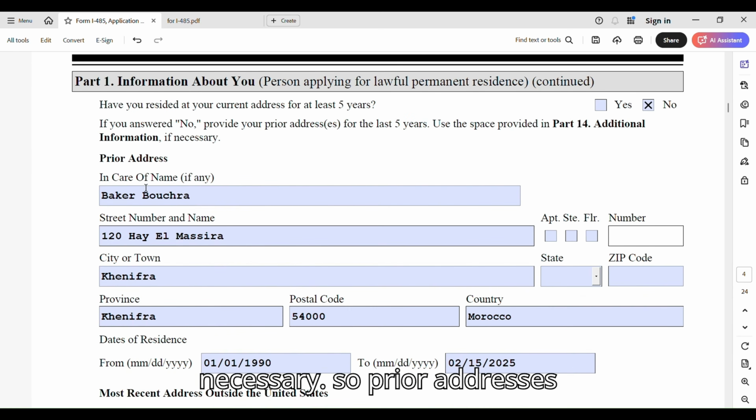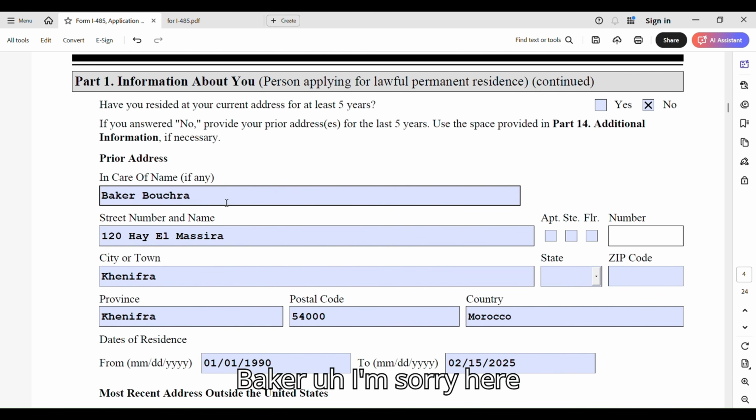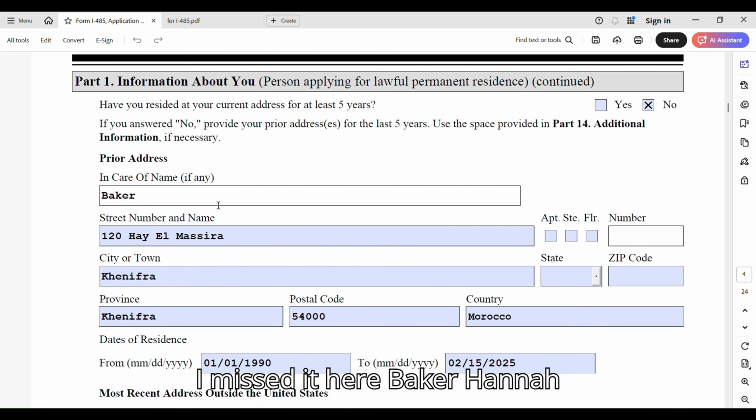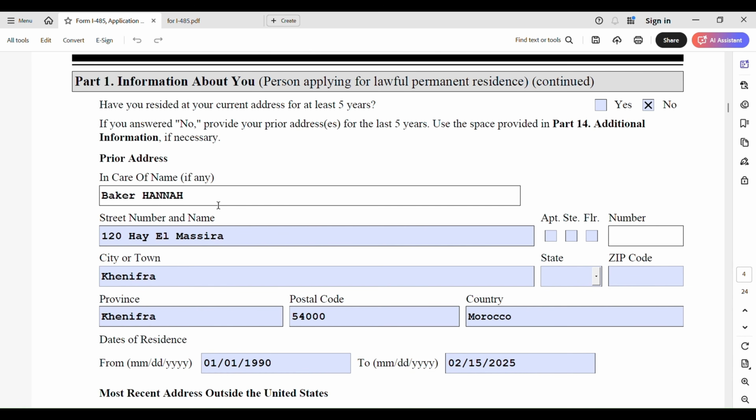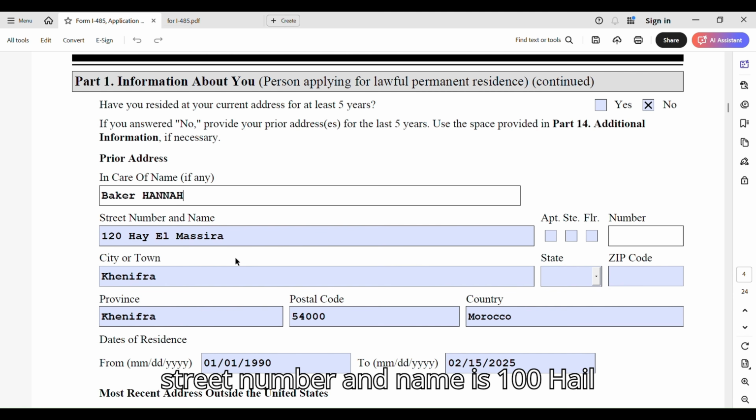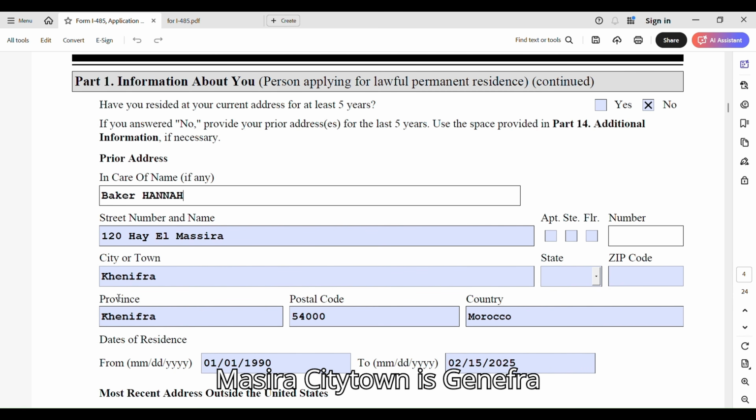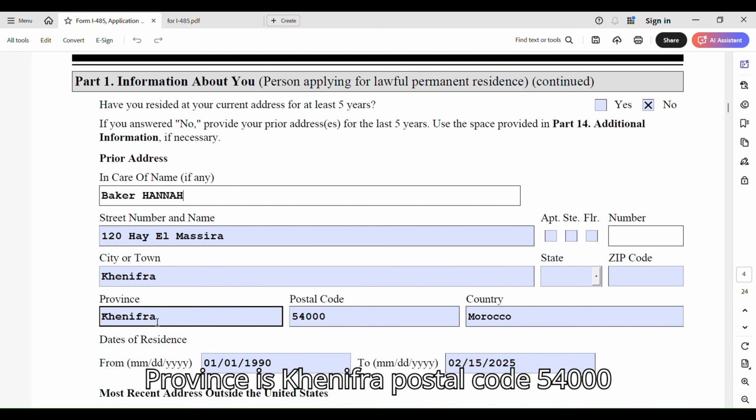So, prior address, in care of name, Baker Hannah. Street number and name is 100 Hay Masira. City or town is Kenifra. Province is Kenifra. Postal code 54,000.